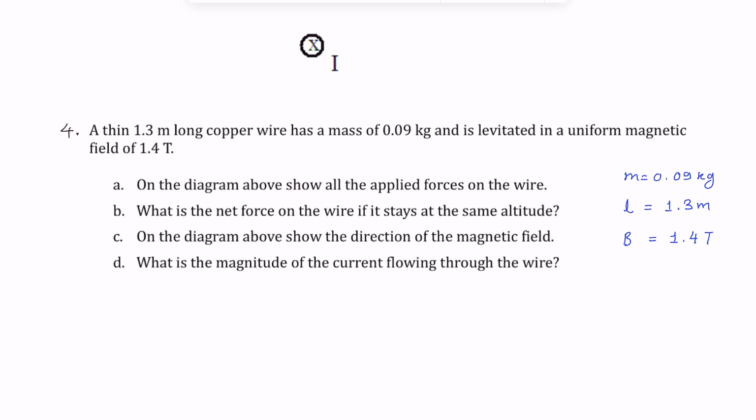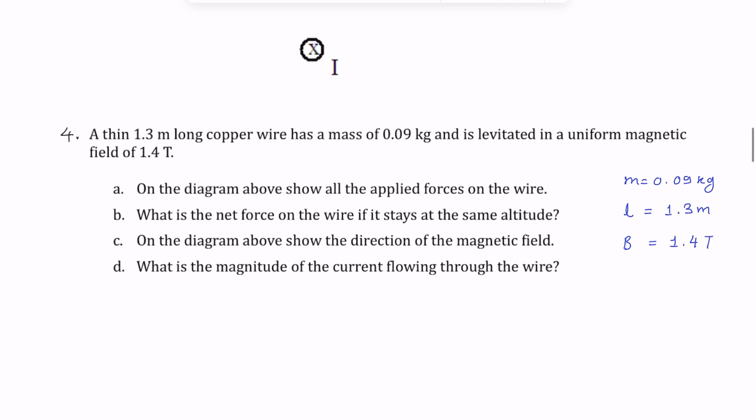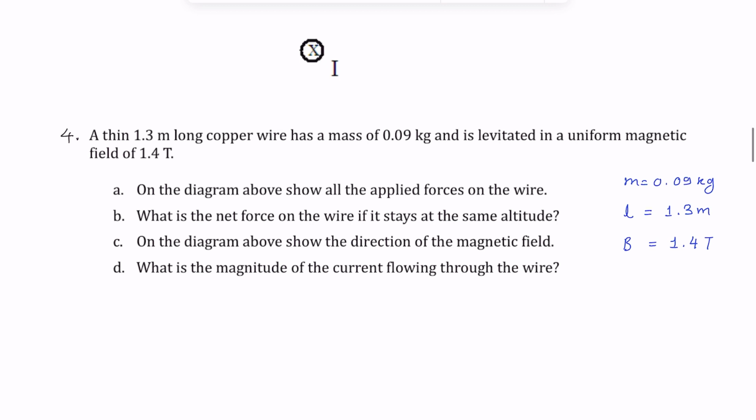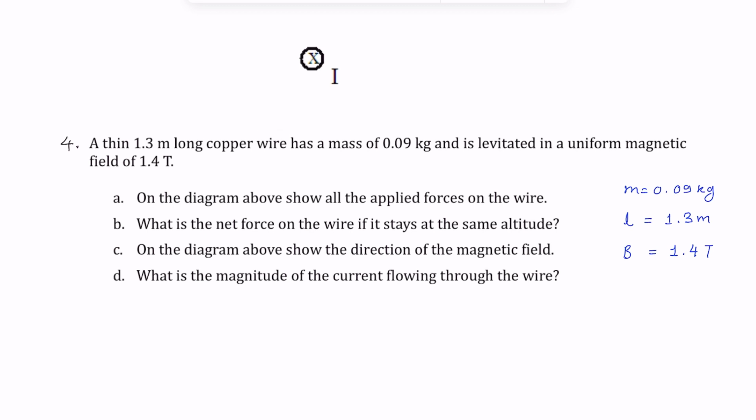On the diagram above, show all the applied forces on the wire. Show all the applied forces on this wire. So if this is a wire, right, and the direction of the current is given by cross with a circle, that means it's into the page.